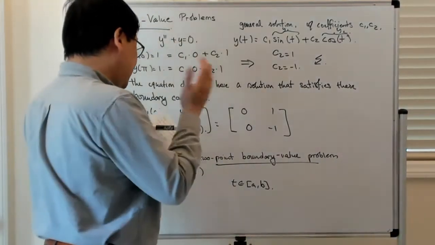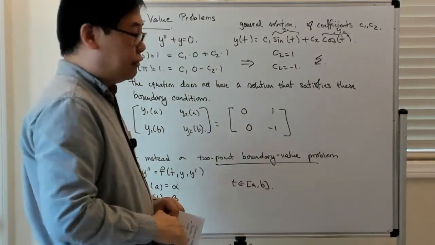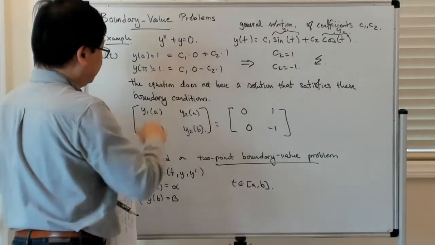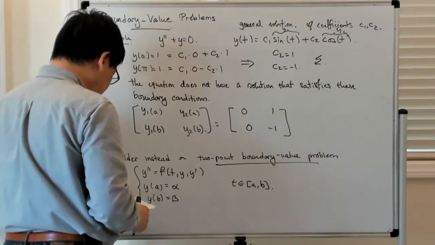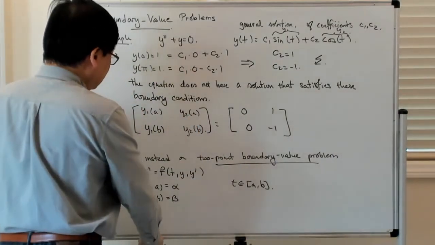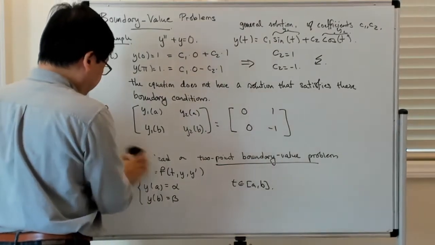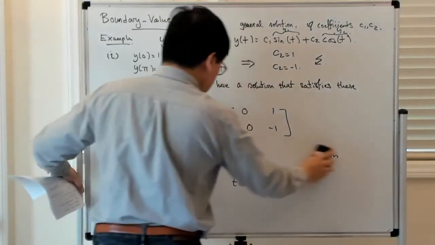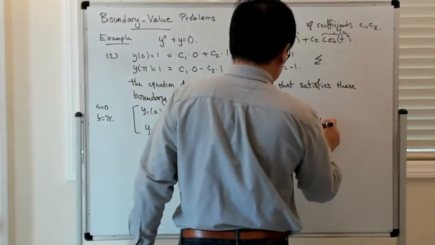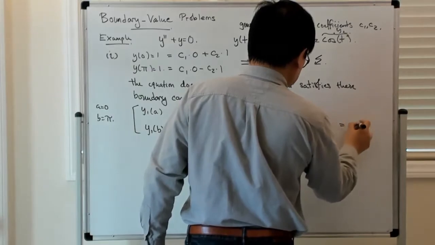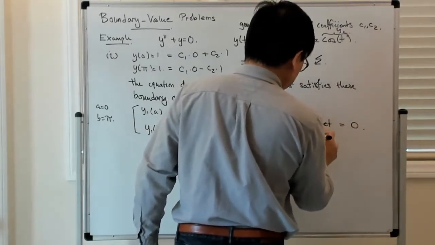And then that matrix itself has to be invertible in order for you to be able to solve the system of equations. So something similar happened with initial value problems and the solvability for the initial conditions. Anyway, so the determinant is equal to 0, so it's not invertible.